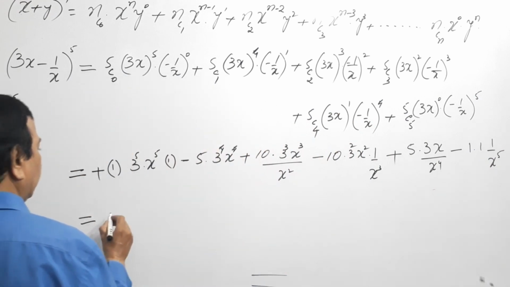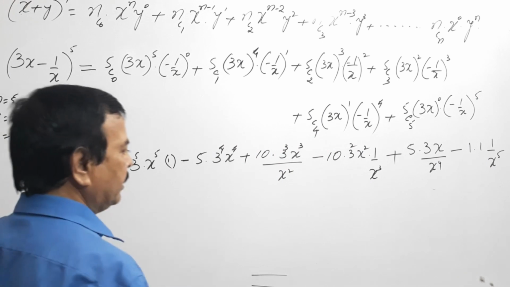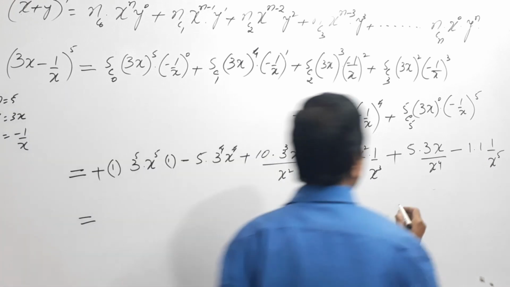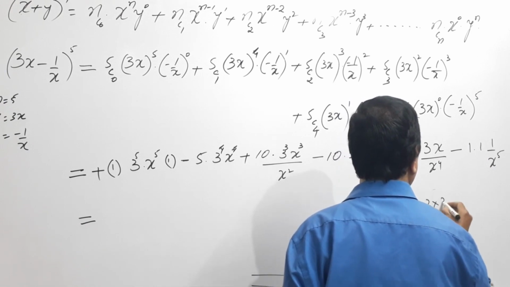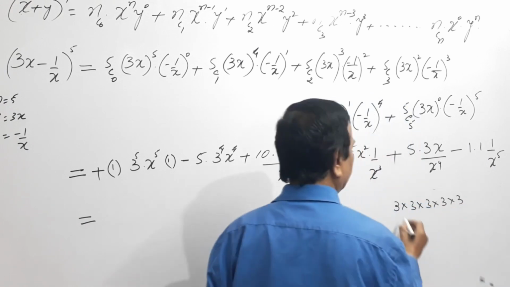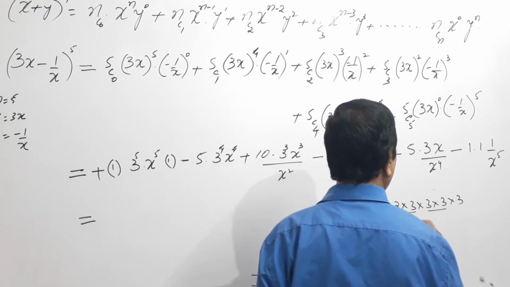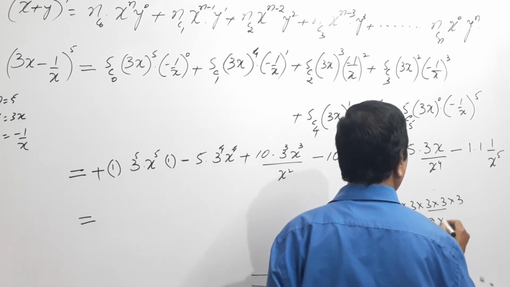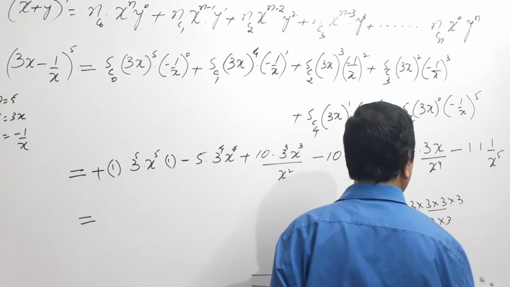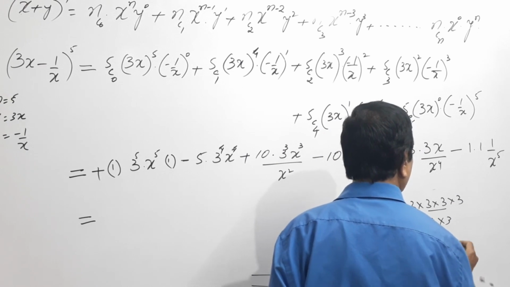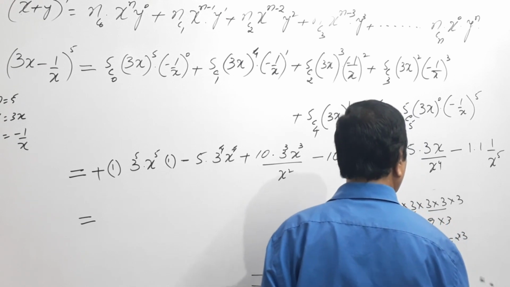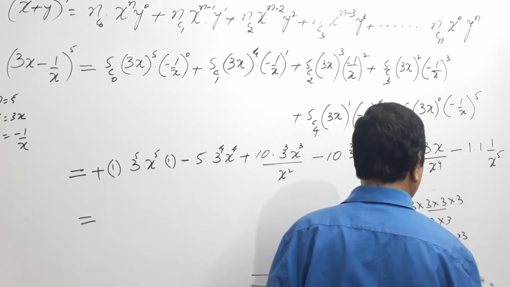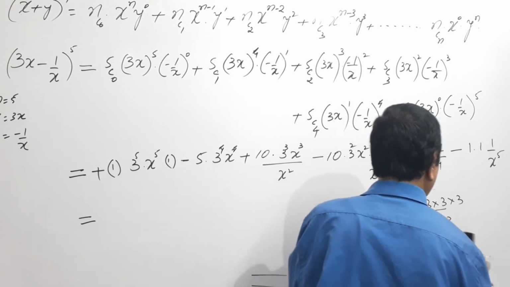This equals 3 into 3 into 3. Calculate this: 3 into 3, 3 3s are 9, 3 3s are 9. This is 9 into 3, 27, 27 into 3 is 81, 81 into 3 equals 243. So this becomes 243.